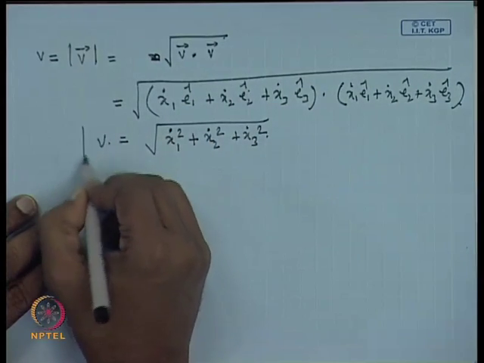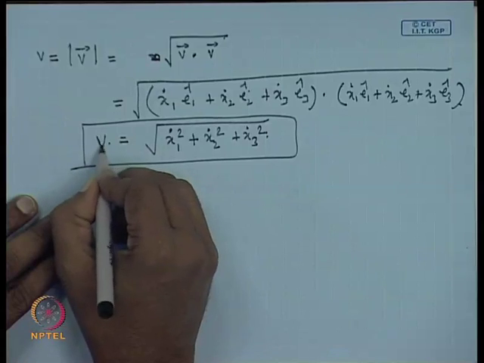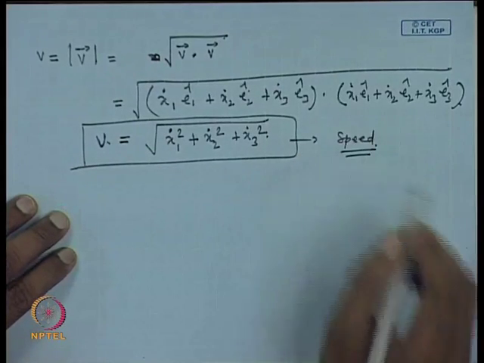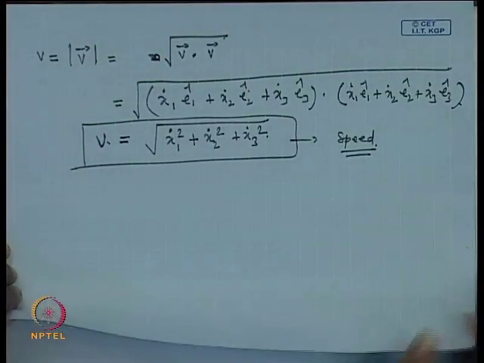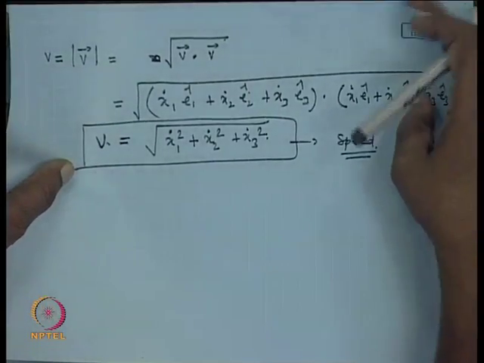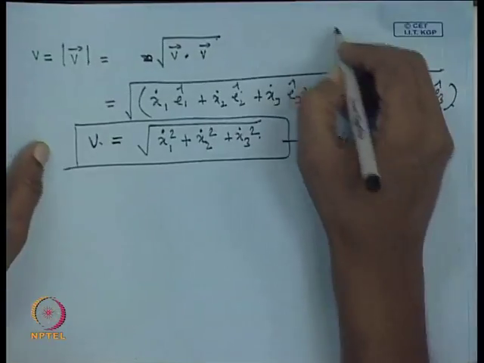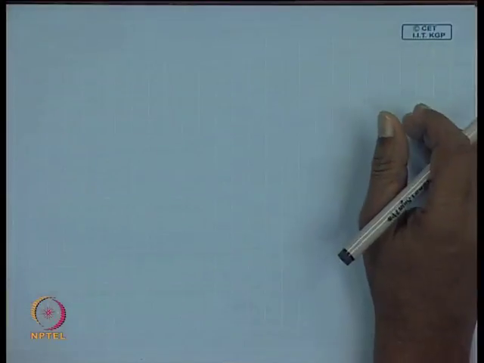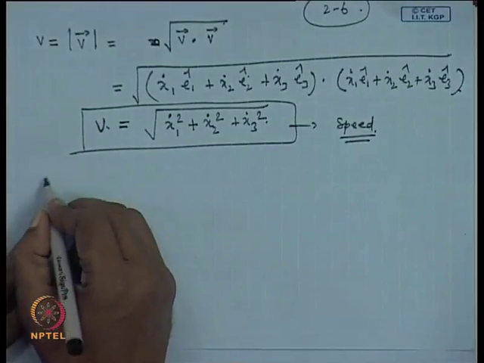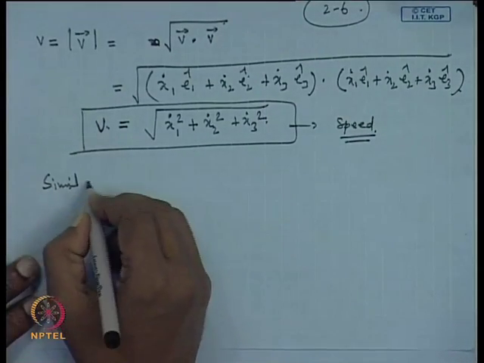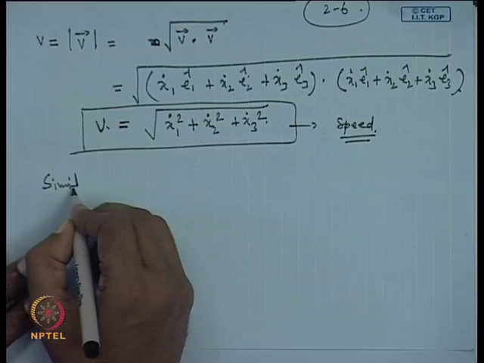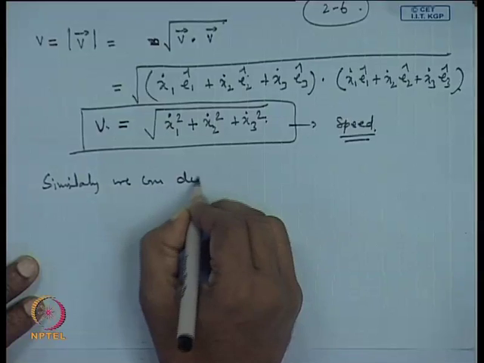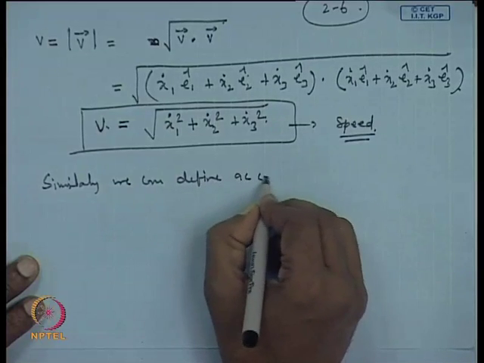So, this gives you the magnitude of the velocity, and often we call this the speed. Now, similarly, we can define acceleration.